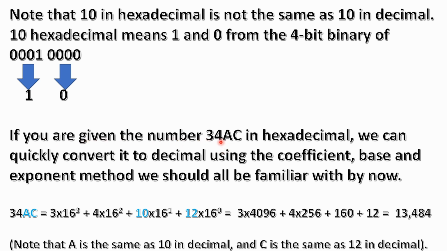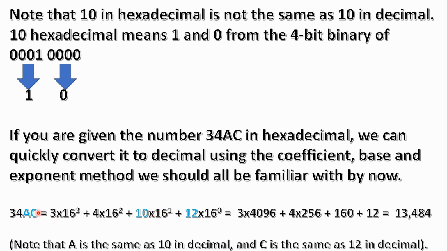say, let's say 34AC in hexadecimal, we can quickly convert it over to decimal using that coefficient, base and exponent method. We should all be pretty familiar with it by now. 34AC is equivalent to 3 times 16 to the third plus 4 times 16 to the second. And remember, A is the same as 10 in decimal. So 10 times 16 to the first.